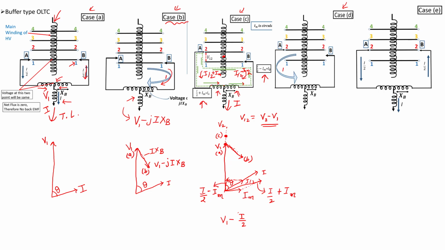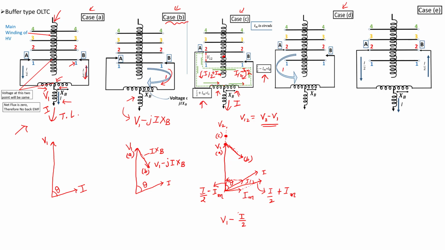So similar to case A, where the fluxes are equal and opposite and cancel out, due to I by 2 there will not be any drop in the windings. You have to understand this, because the other I by 2 in the other winding will cancel this flux. So there will be no induced EMF in the windings due to cancellation of the flux by the other half.